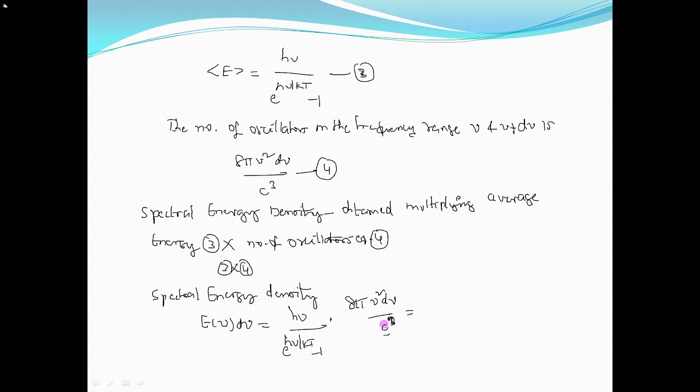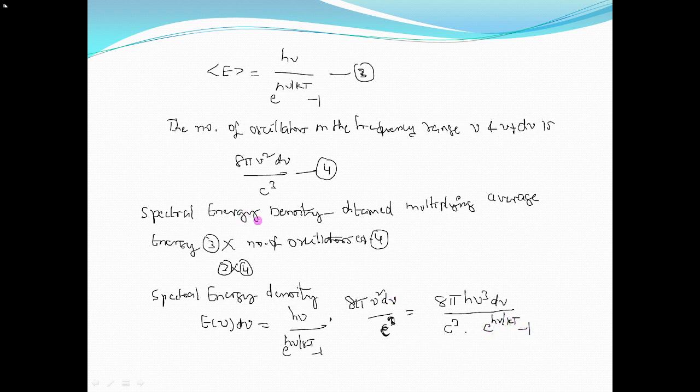So what will we get if I multiply these two? We get 8 pi h nu into nu square, that is nu cube d nu, divided by c cube e power h nu by kT minus 1.